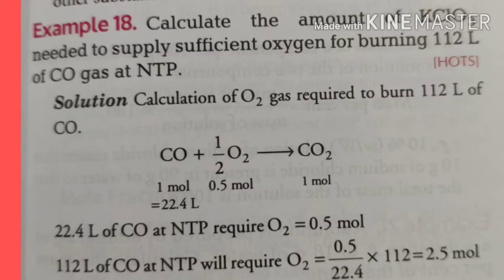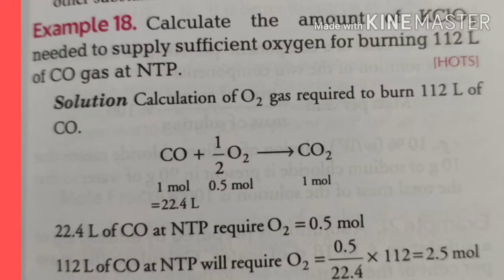Now this oxygen is to be obtained by heating potassium chlorate. Again you write the balanced equation of decomposition of potassium chlorate. So 2 mole of potassium chlorate will provide 3 mole of oxygen. So we calculate the mass of potassium chlorate. Then 2 moles is equal to 245 gram.